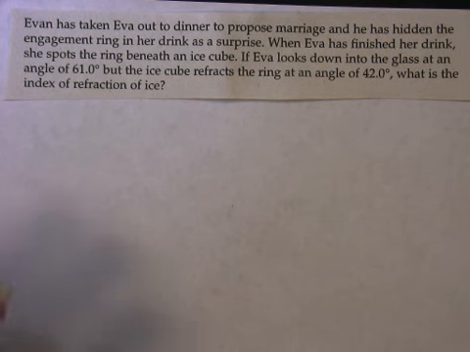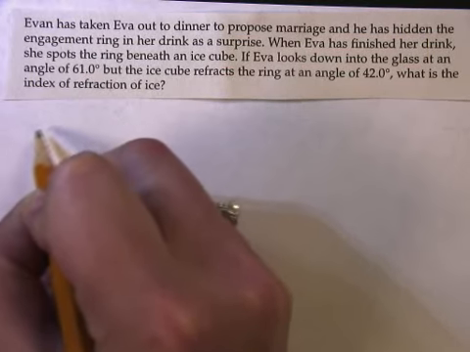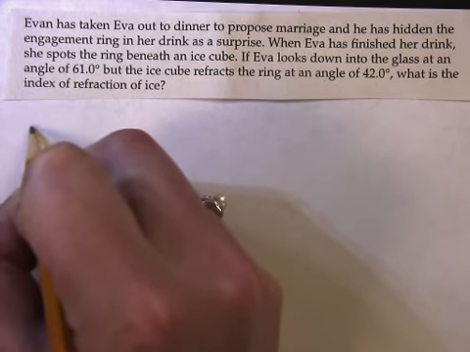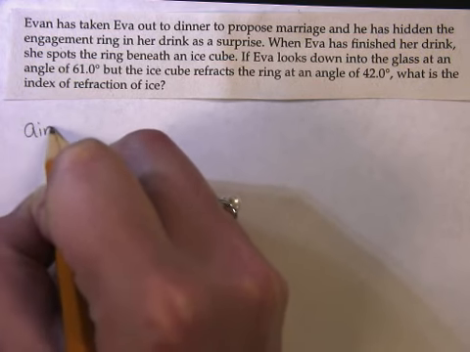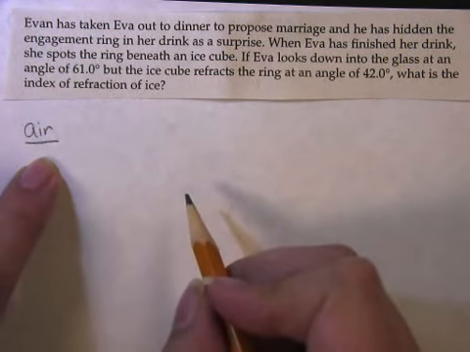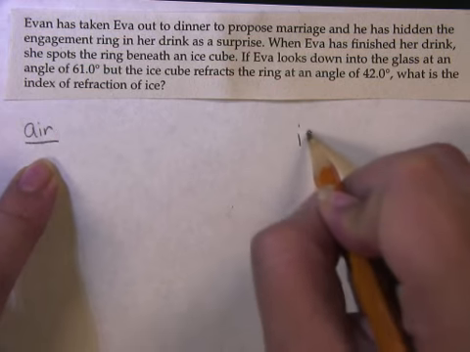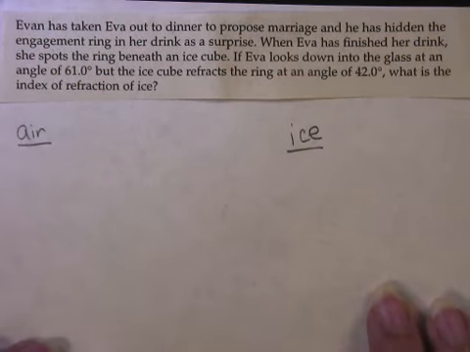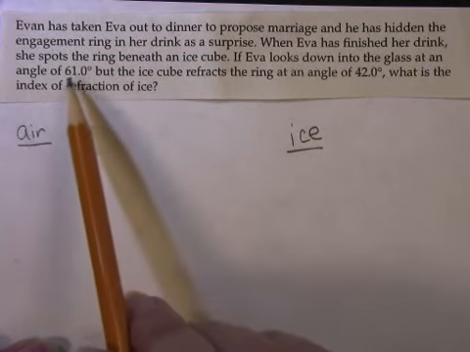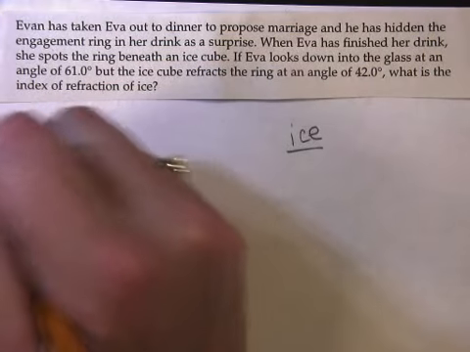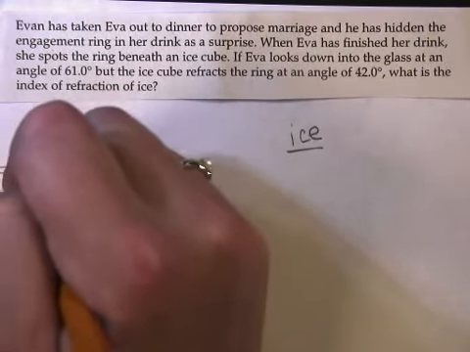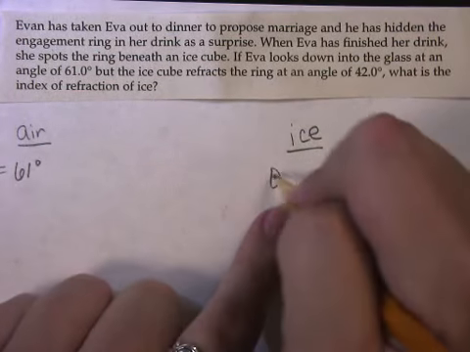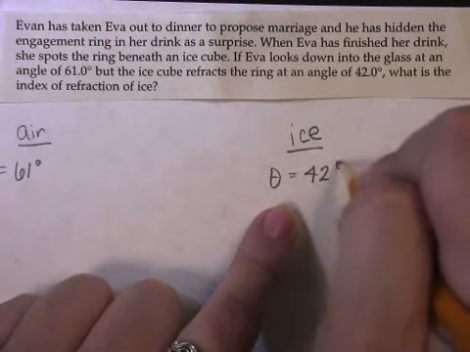I'm going to start by listing the information that's given to me, and I'm going to label it as air, because we can assume that Eva is in the air, and then I'm going to label this side over here as ice. Now, we were given that Eva's looking at the glass at an angle of 61 degrees, so I'm going to write in that theta in the air is 61 degrees, and that the angle in the ice cube is 42 degrees.